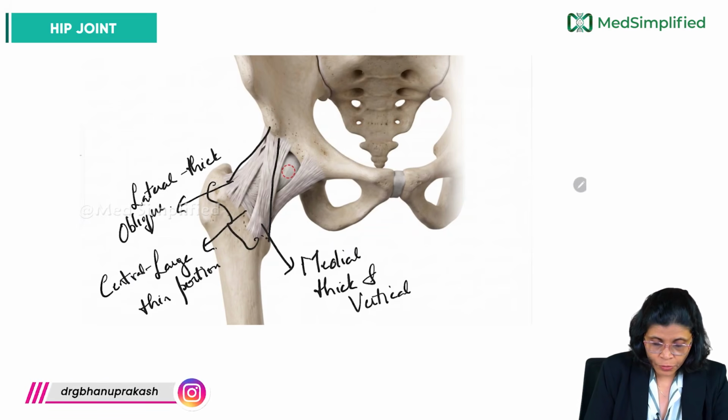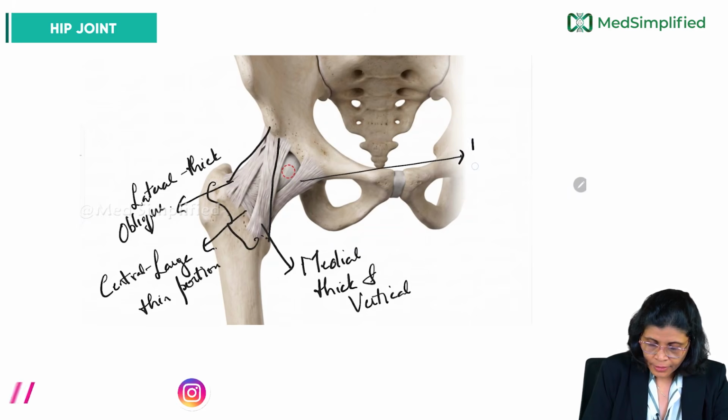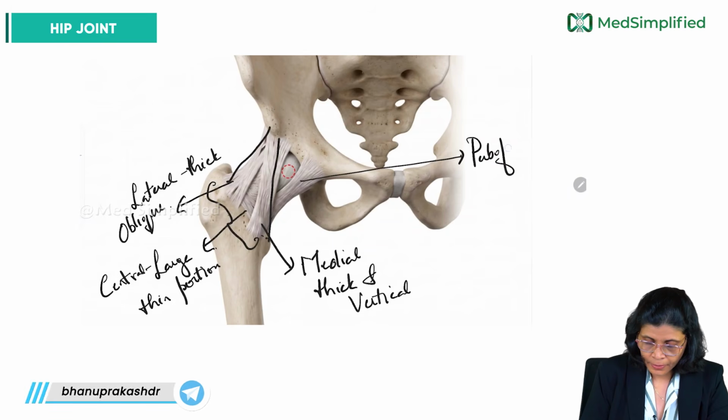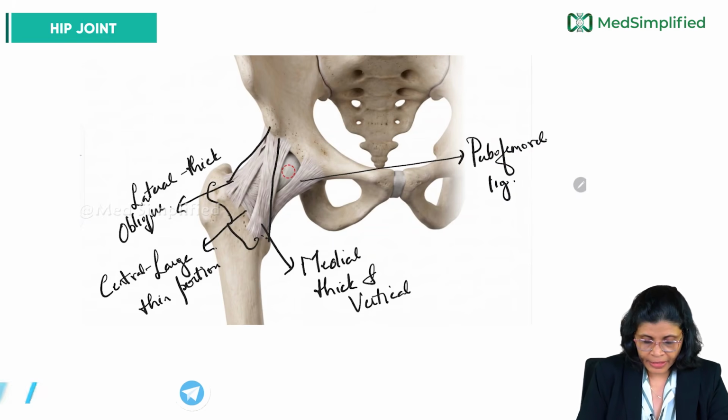Next we have the pubofemoral ligament. This ligament is triangular, where the base is attached above and the apex below.